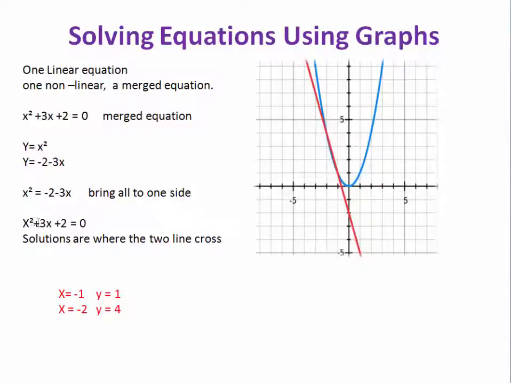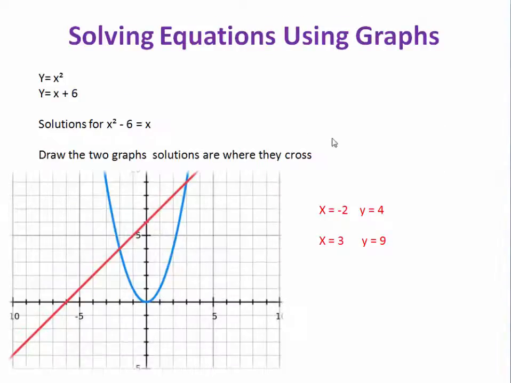So that's x squared plus 3x plus 2 equals 0, and the solutions are where the two lines cross. So the two lines cross at this point here, which is -1, 1, and this point here, which is -2, 4. Remember, this is the y-axis and this is the x-axis.